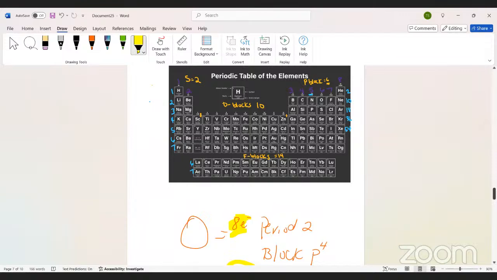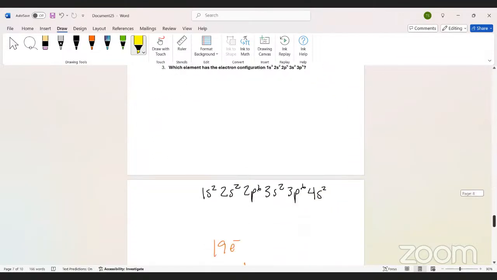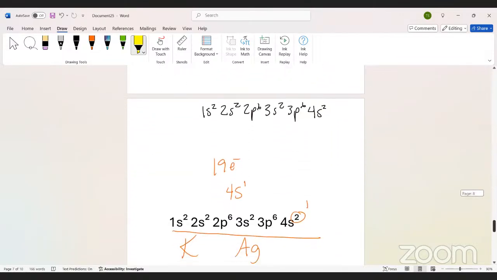So argon would take up 18 of those electrons right there. It would take up 18 of those. So we would end up writing argon in brackets and then 4s1 on the outside. That would be the abbreviated version.